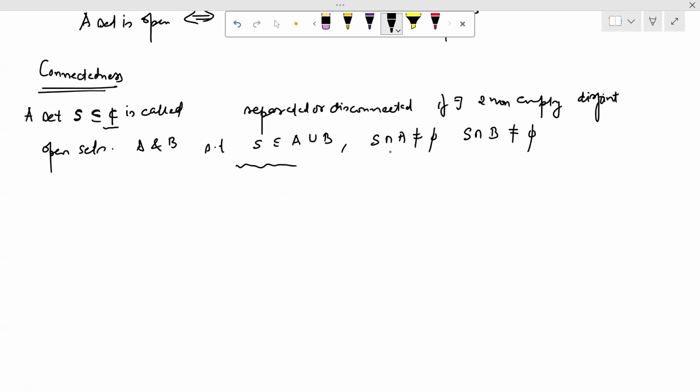This is the definition for a disconnected set.